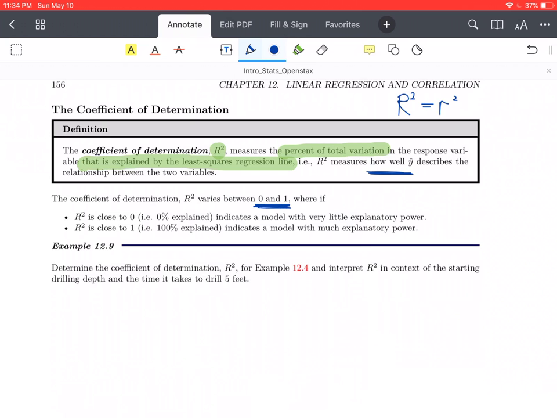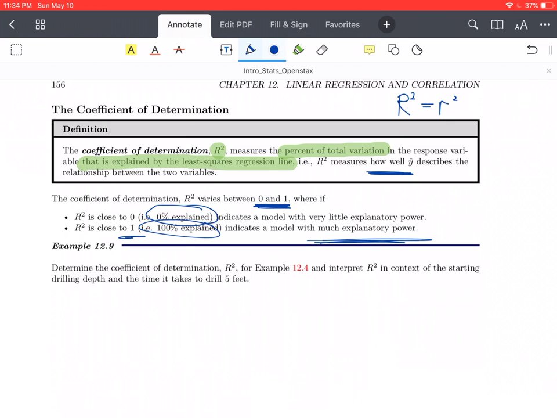If it's closer to 0, that means 0% is explained by this model, so it's a bad model. Our line is not doing a good job of explaining our data. But if we're closer to 1, that's 100% explained. That would be a very strong model. It would have a lot of explanatory power, as we call it.